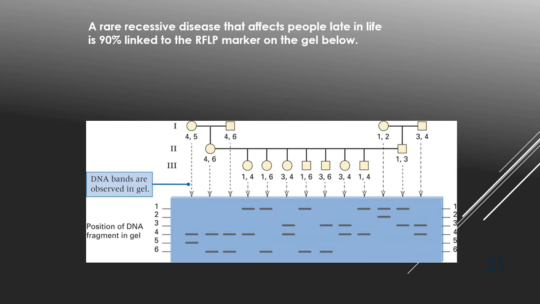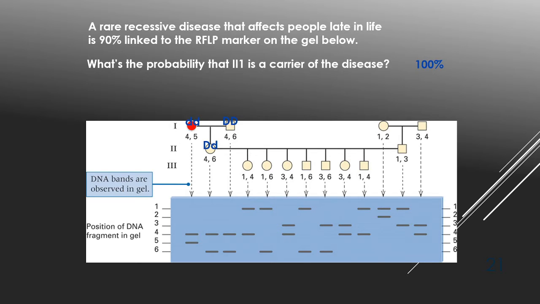A rare recessive disease that affects people late in life is 90% linked to the RFLP marker in the gel below. What is the probability that 2-1 is a carrier of the disease? 100%, because he carries the bands indicating the marker of the gene that carries the disease.